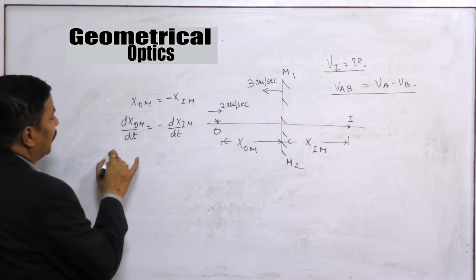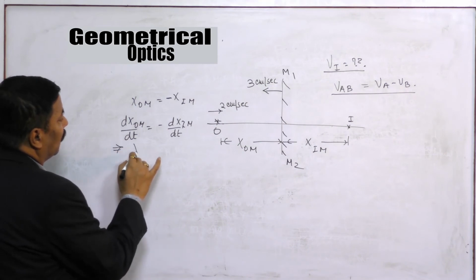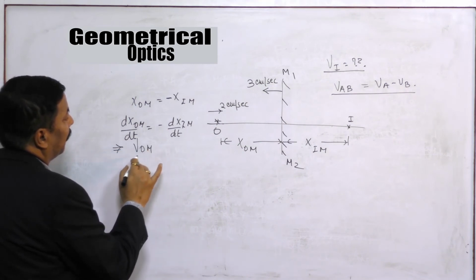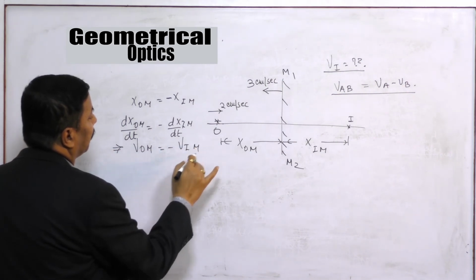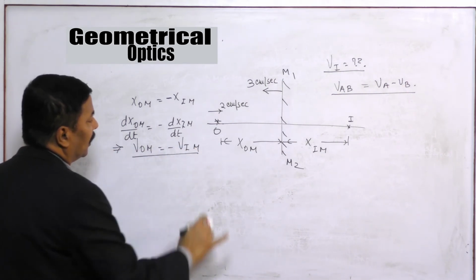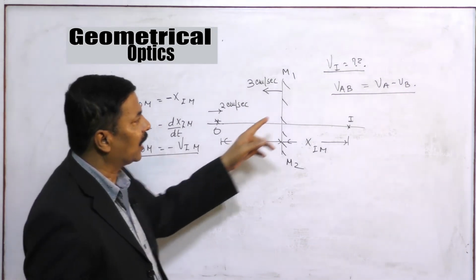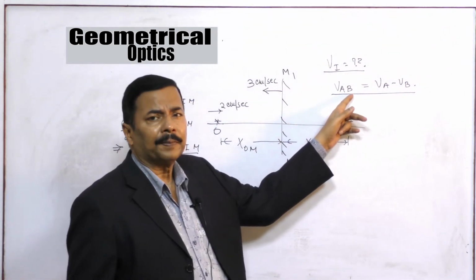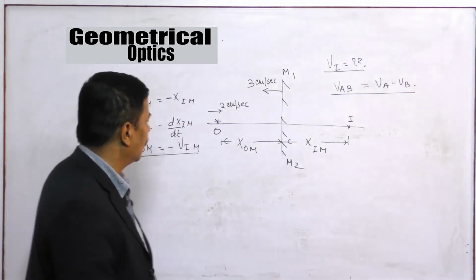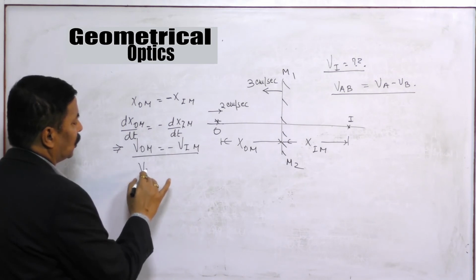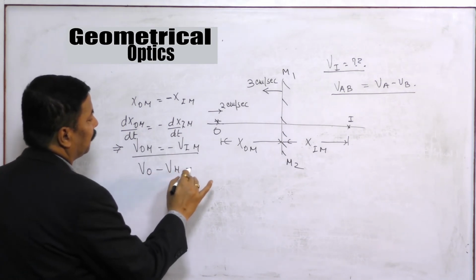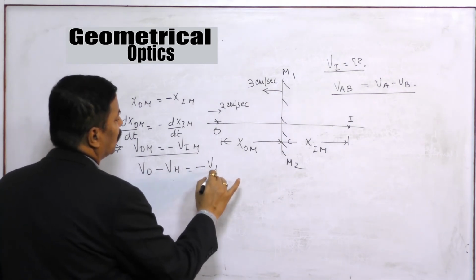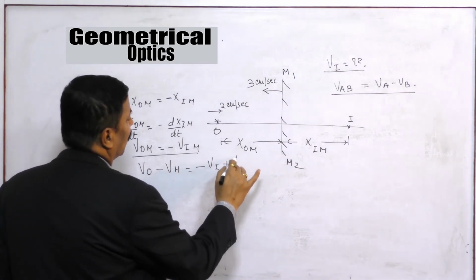So I will write this as velocity OM is equal to minus velocity IM. This is the velocity relation. Now I will apply the relative velocity concept, that is velocity of object minus velocity of mirror equals minus velocity of image plus velocity of mirror.